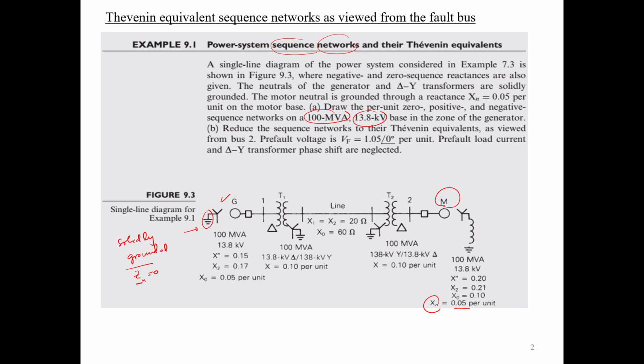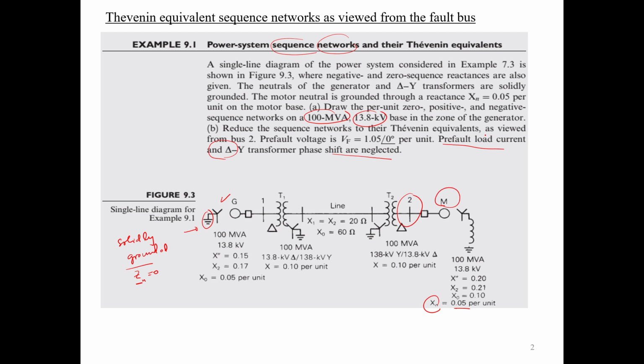So now the problem is to draw the per unit zero, negative, and positive sequence networks, and reduce the network to the Thevenin equivalent as viewed from bus 2. So I suppose that the fault is going to happen at bus 2. The pre-fault voltage VF is 1.05 at an angle of 0, and the pre-fault load current and the delta-Y phase shifting are neglected.